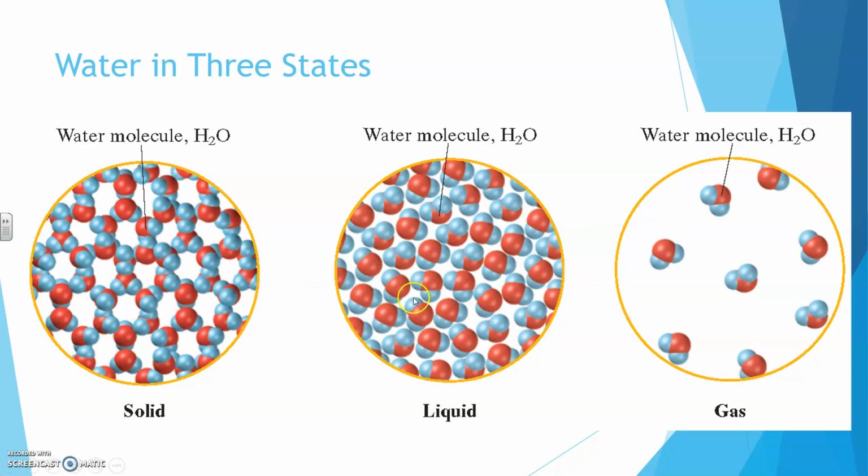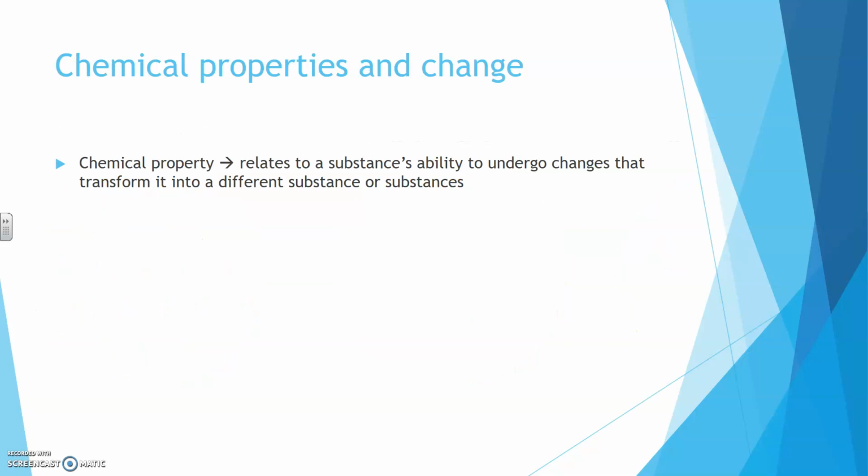In the liquid, they are still able to move past each other and flow around everything, which makes them liquid. In a gas, they're all over the place. There is almost no constraint on where that molecule can go. So that's the difference between the 3 different states.